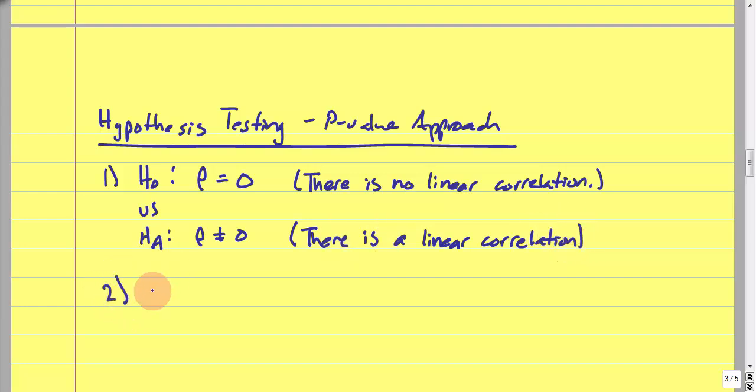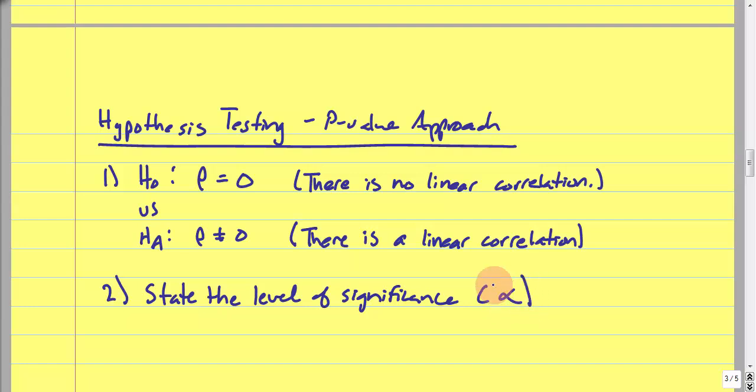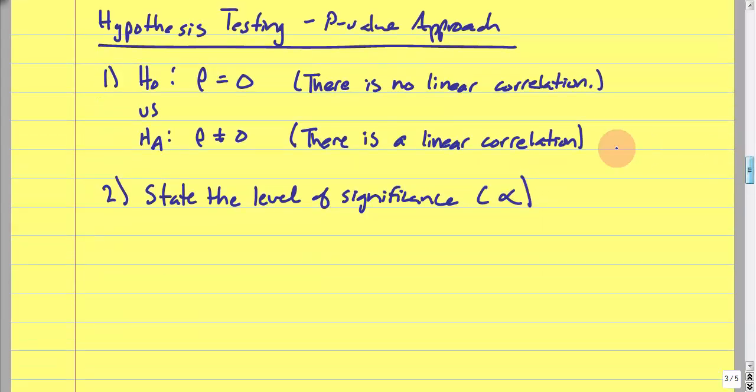The second step is to state the level of significance, and that's alpha. It's usually given to you. Next, we're going to calculate the test statistic, and in this case, this is always going to be my value of r, the sample correlation coefficient.